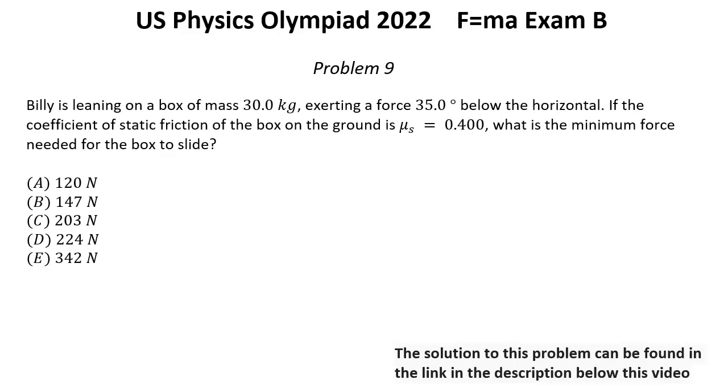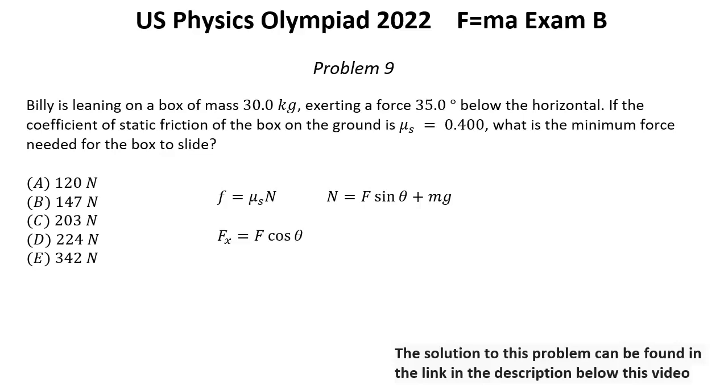Solution for problem number 9. Suppose Bill exerts force F, then the maximum friction force equal mu static multiplied by normal force. But normal force equal force F multiplied by sine theta plus mg.